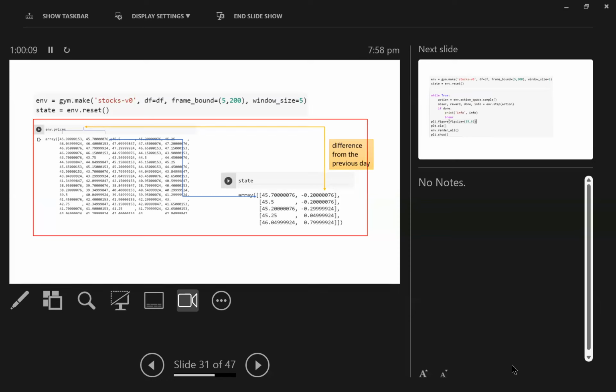So you see that the state will be independent of the action. Once you have the data frame fixed and put into the environment, then all the intermediate states are already determined.